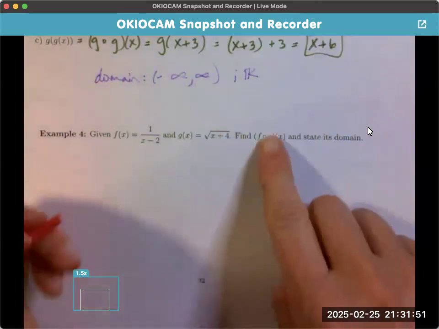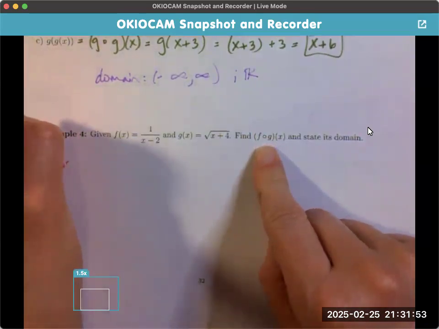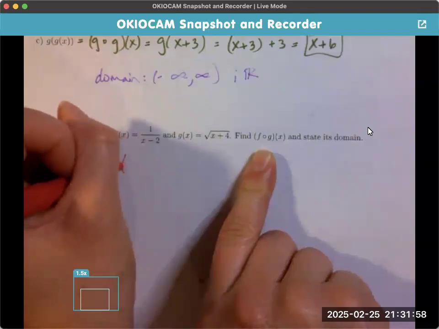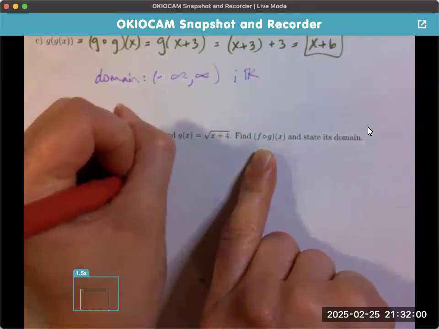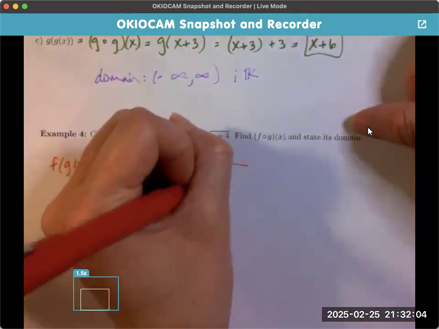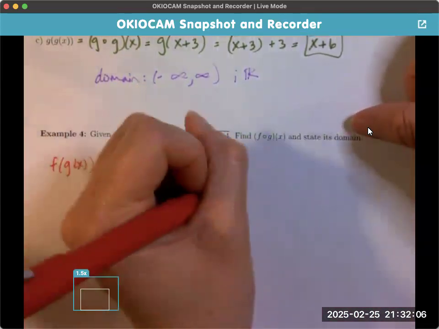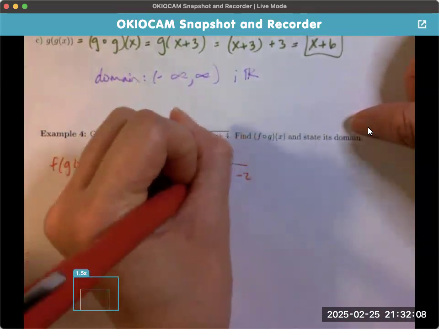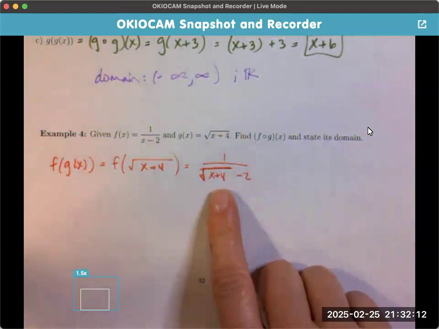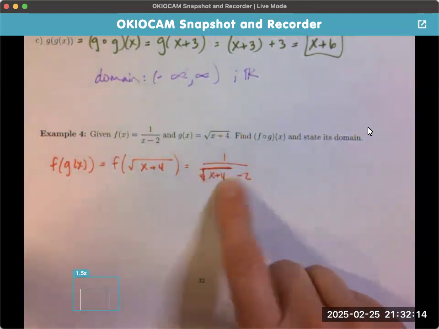Okay, so this is f of g of x, or f of the square root of x plus 4, or 1 over the square root of x plus 4 minus 2.